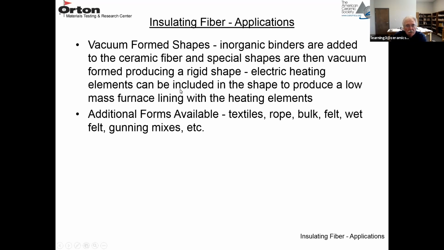So electric heating elements can be included in the shape to produce a low mass furnace lining with embedded heating elements. You can make the fibers into textiles, rope, bulk. You can use the loose fibers in bulk, felt, or wet felt, or you can add them to other materials like gunning mixes for fiber reinforcement.